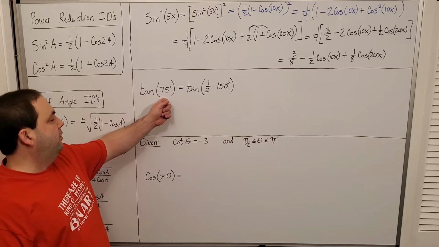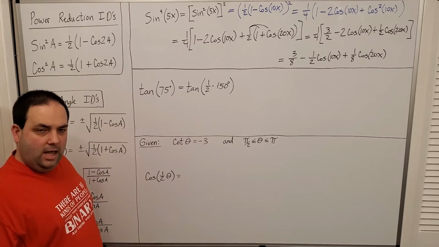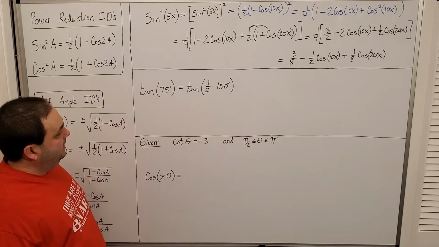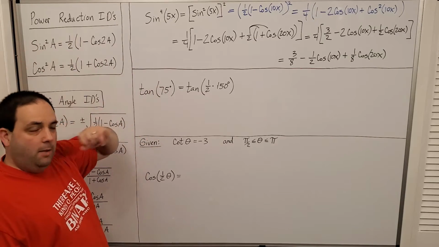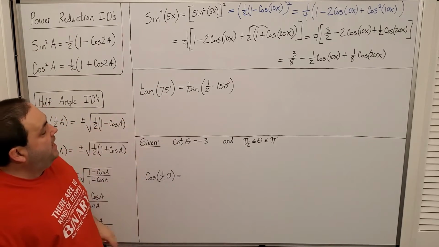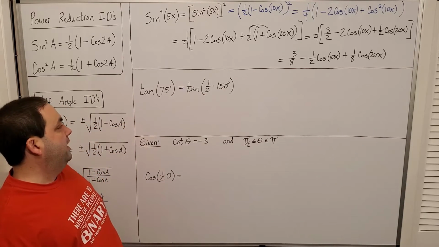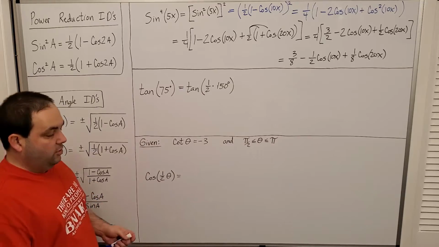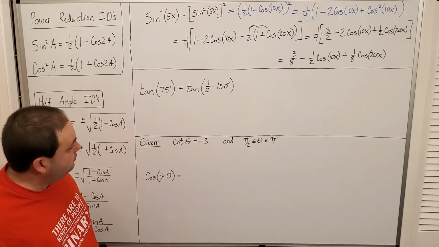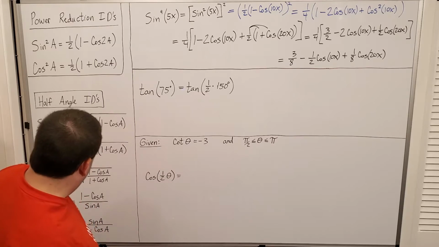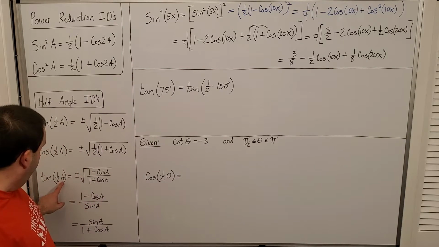So 75 degrees is not a memorized angle. It's not one of the ones that we easily can get to. I could do one of the sum identities earlier, but this one's actually going to be faster. Tangent of 1/2 of 150 degrees. So then what this becomes is, right here I'm going to use the tangent of 1/2 of an angle.